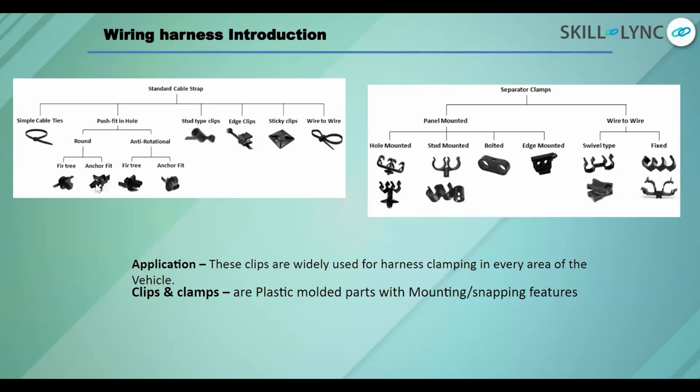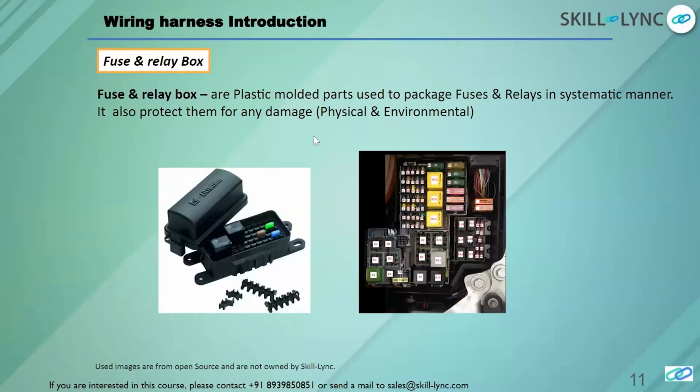So the applications, as we mentioned, are basically for clipping and clamping these components and wire structures onto your body structure. Correct. Similarly, you have the fuse and relay box, just like you see in the circuit board in your household. These are again plastic molded parts, which are used for protecting the major systems.